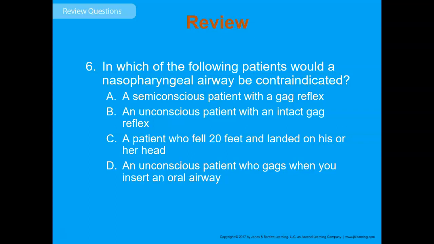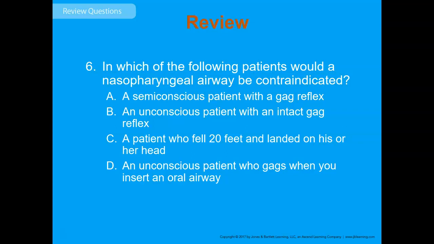What I'm trying to say is there's one that's very clear here, and some of these others are actually okay answers. So what we're saying is an NPA would be contraindicated in which of these? So what do you think?